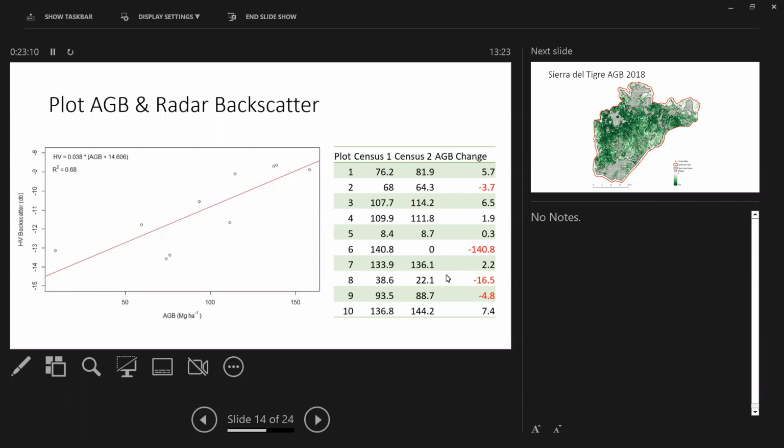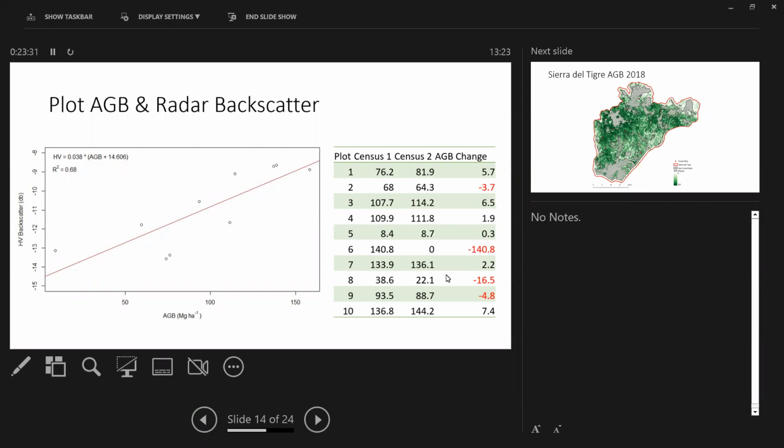Did you plot AGB change against backscatter change? Does that work? I have done that in other places when this didn't work, to see if that would work. It kind of does to an extent, but the relationship between biomass and HV backscatter is better.